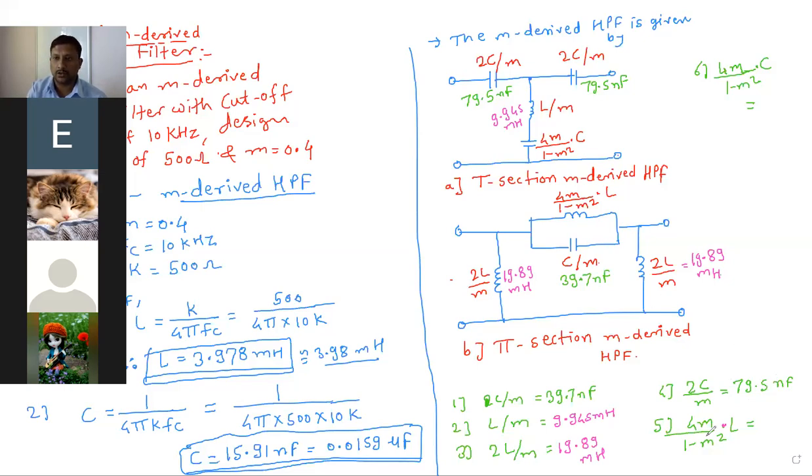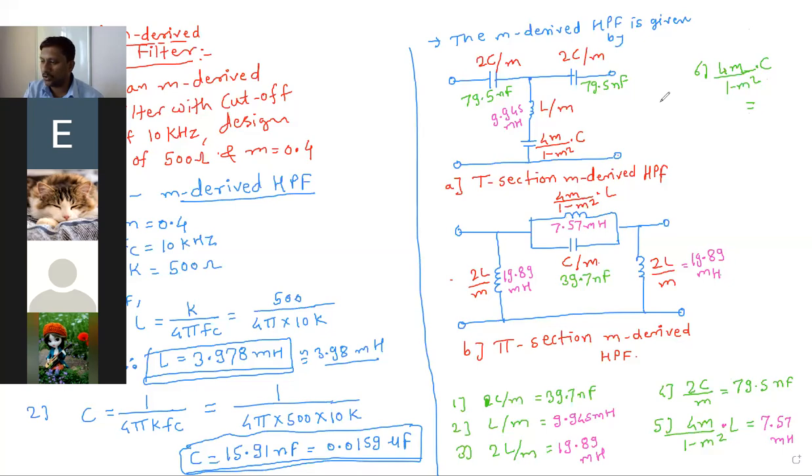Okay, yes. So 4M into L divided by 1 minus M square is 7.57 millihenry. Very good. Similarly, 4M into C divided by 1 minus M square, how much is it?